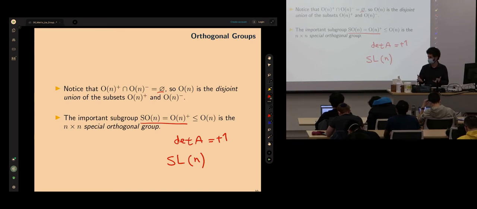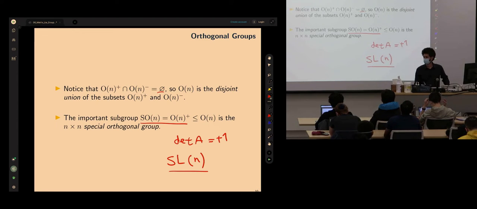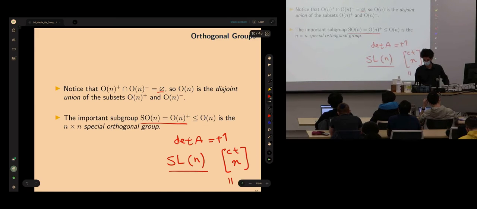Take the general linear group, right? Separate the ones that have determinant 1, and you get a special linear group. This group covers the space-time transformation in physics. You can have a 4-dimensional space. You have a time-like vector, this is the velocity of light, you have time, you have x.